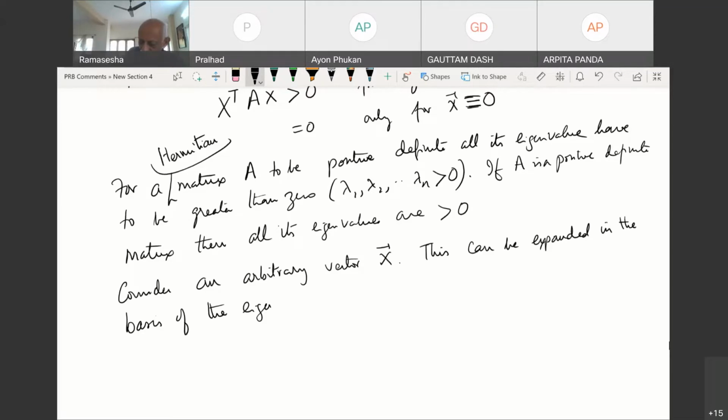Okay, so any n-dimensional vector in the space can be expressed as a linear combination of these eigenvectors.